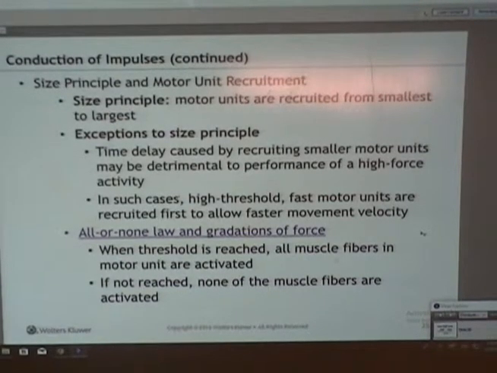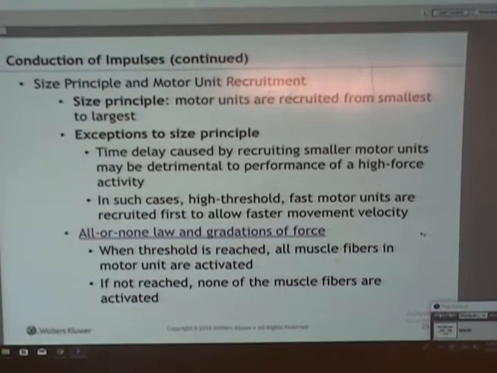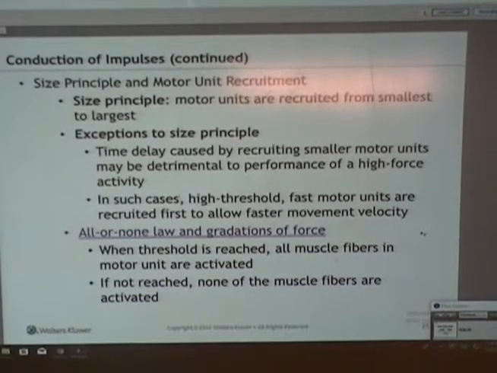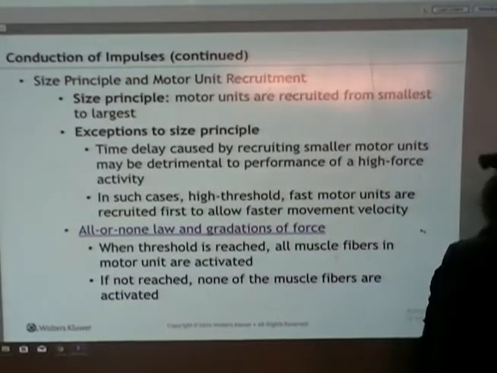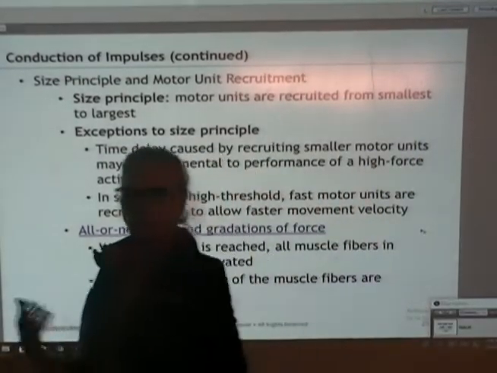By using the size principle, it delays fatigue. It turns on the smallest, least energy sucking motor units and puts off fatigue. And then if I need more power, because I've got to carry the vacuum up the stairs, then I can turn on some type 2As to help out.